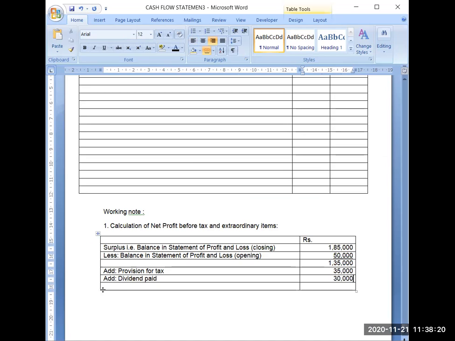So now if we add these two, we will get net profit before tax and extraordinary items. And that will be 1,35,000 plus 35,000 plus 30,000. So it will be 2 lakh.